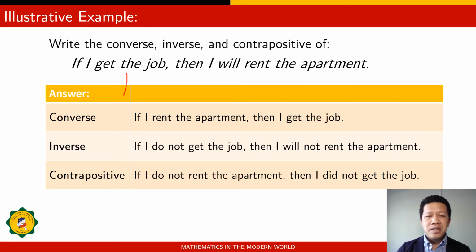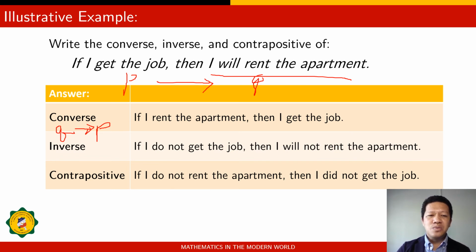Let P the statement I get the job, and let Q be the statement I will rent the apartment. So if that is the symbolic form of the conditional statement, P implies Q, we know that the converse is Q implies P. Therefore, the converse statement will be, if I rent the apartment, then I get the job.